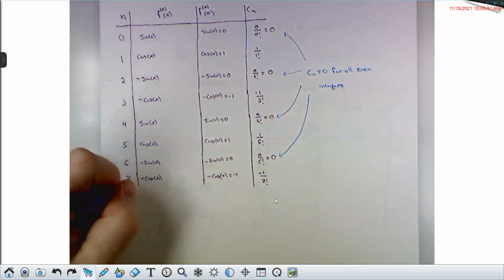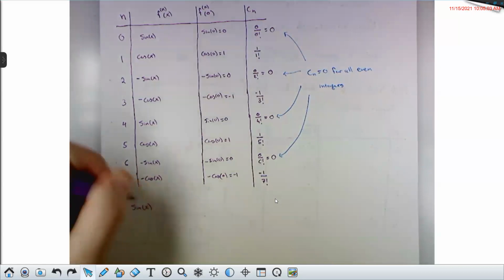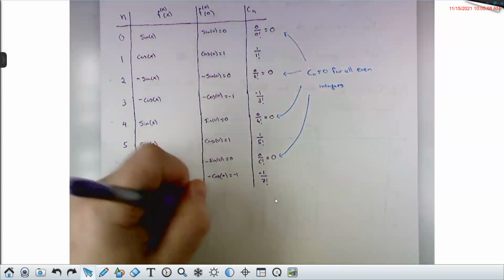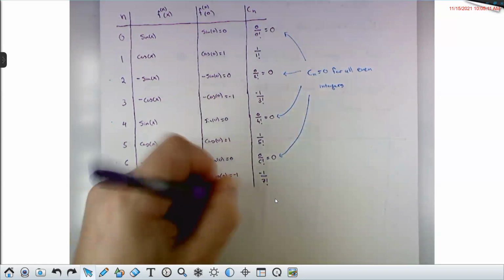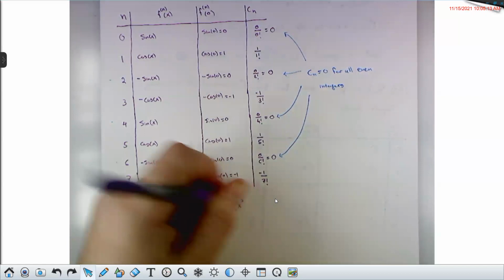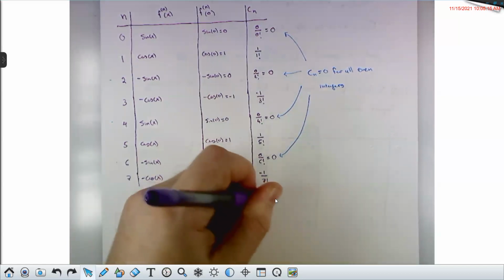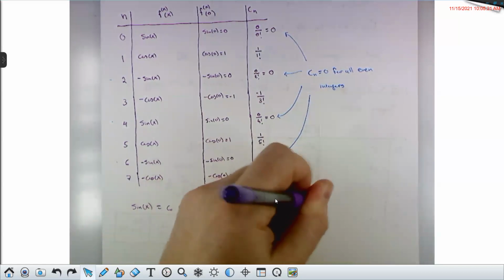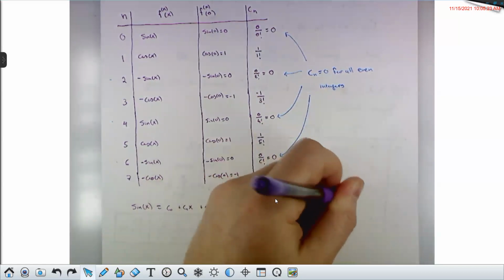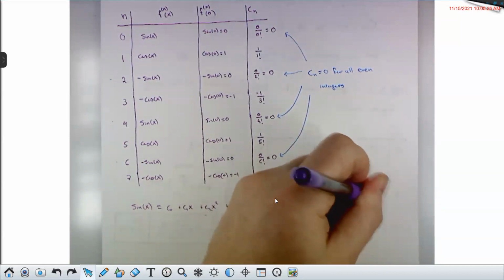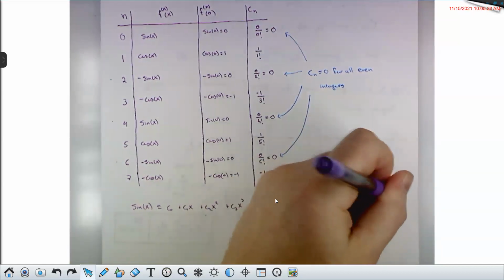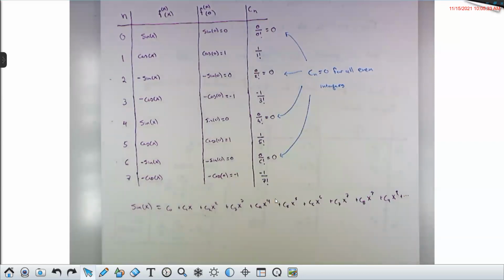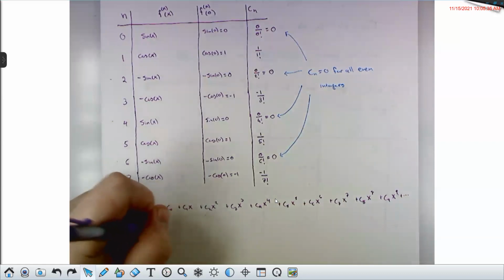This tells us that sine x, f of x, that would be C0 plus C1x plus C2x squared plus C3x cubed plus C4x to the 4 plus C5x to the 5 plus C6x to the 6 plus C7x to the 7 plus C8x to the 8 plus C9x to the 9, and so on, is, well, C0 was 0.